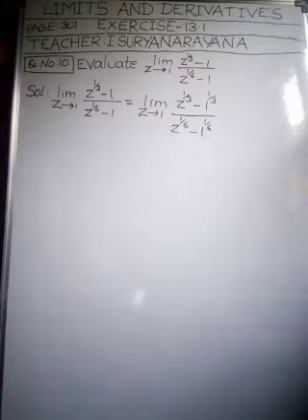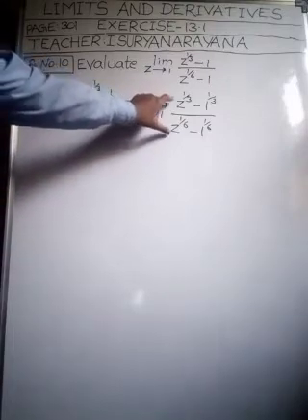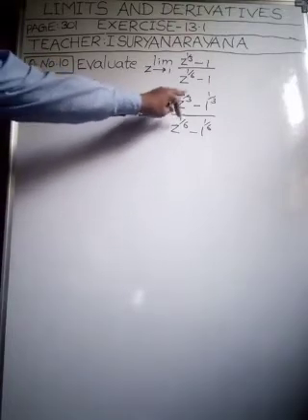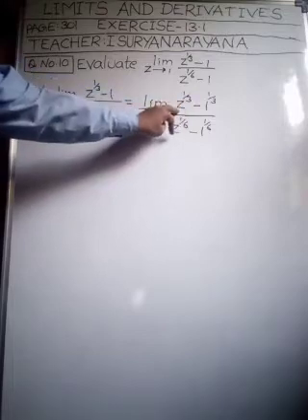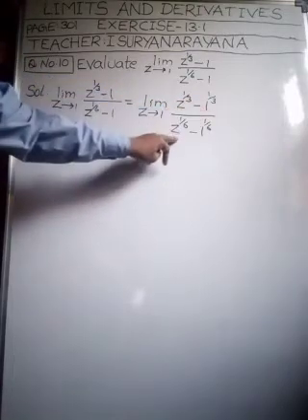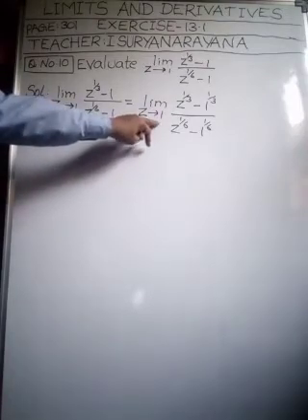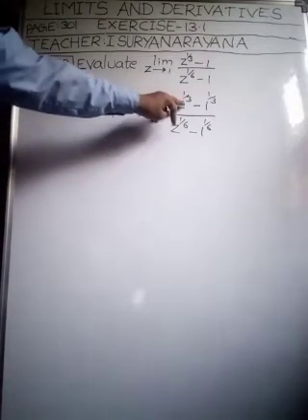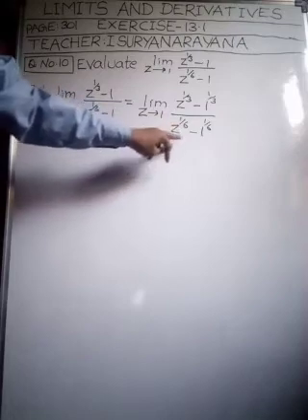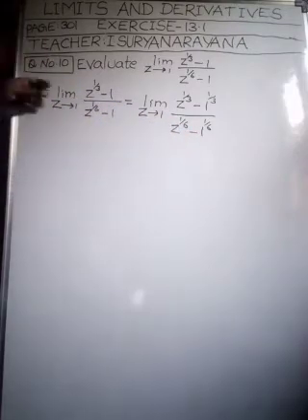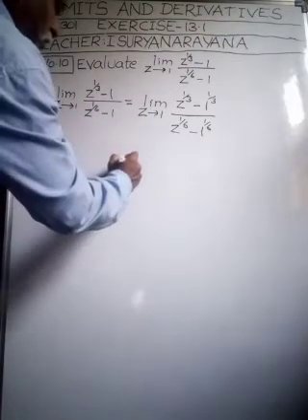Okay, my children. Right. If you observe this function, it is in the form of x power m minus a power m by x power n minus a power n, as x tends to a. What is the formula? m by n, a to the power of m minus n.